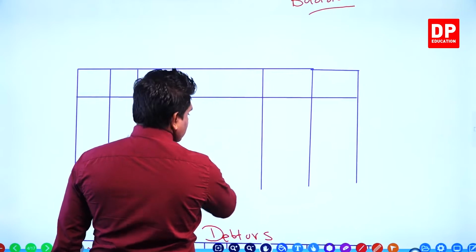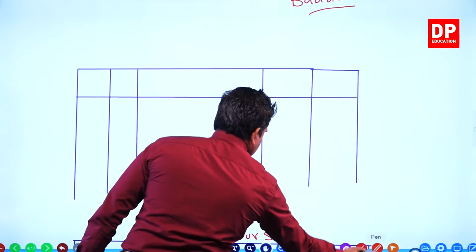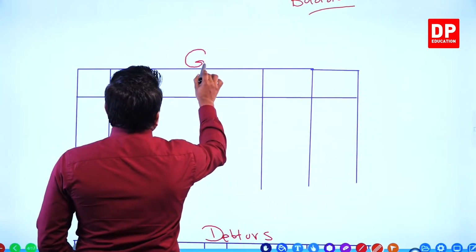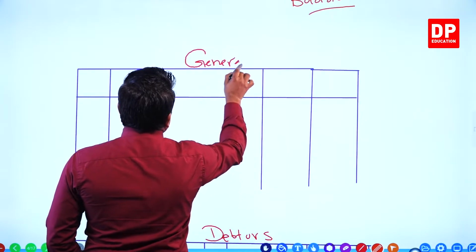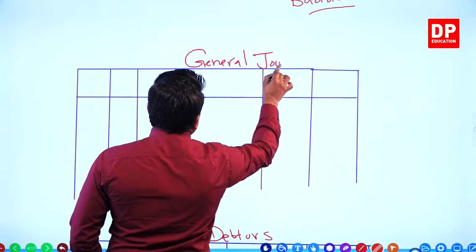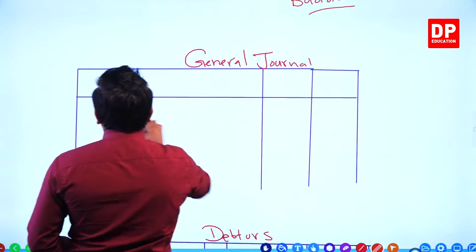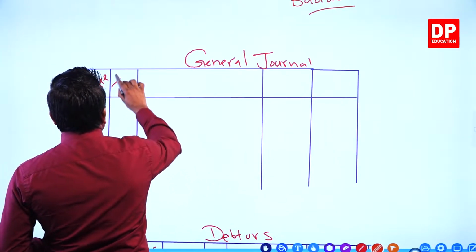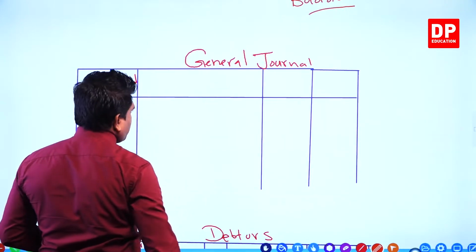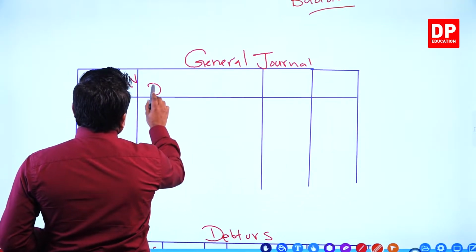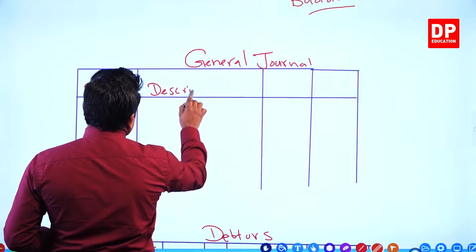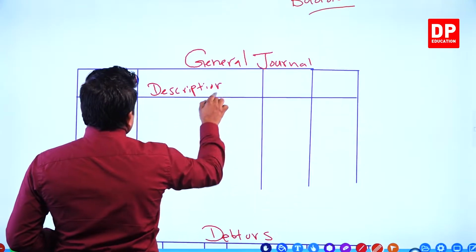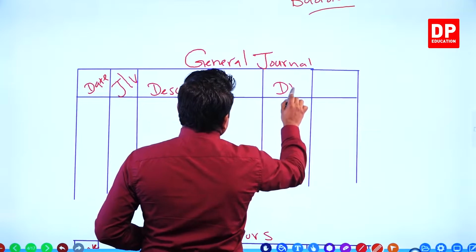Now you name the general journal. General journal. Okay. Date, journal voucher. It's a source document, right? Description, debit and credit.